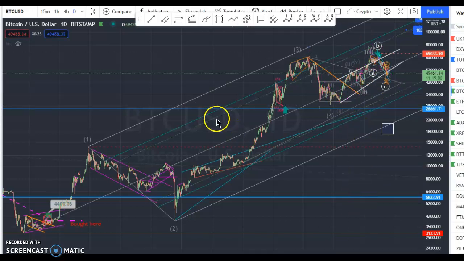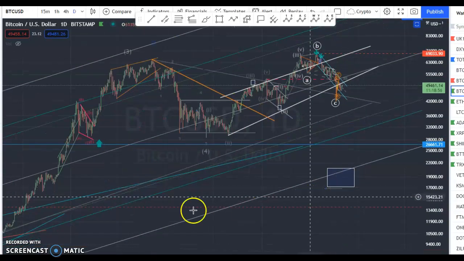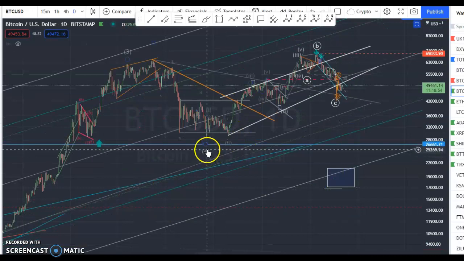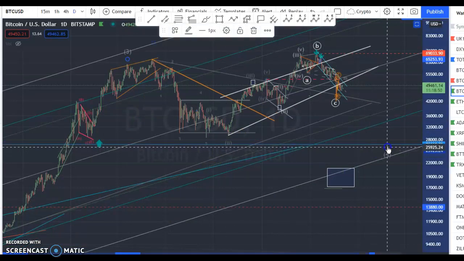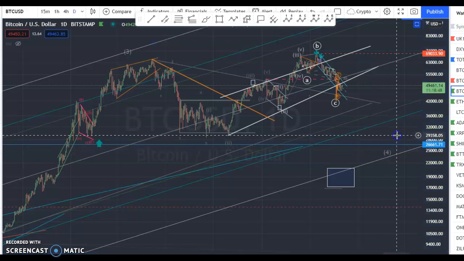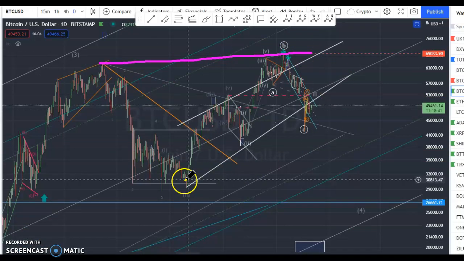So after repeating myself a few times, let's see where we are now. Okay, so this 4 obviously now is going to go somewhere else down here. Where will it end? Well, no one's going to tell you for sure. But what we look at in Elliott Wave, we're looking at a pattern at the moment playing out called a flat pattern.